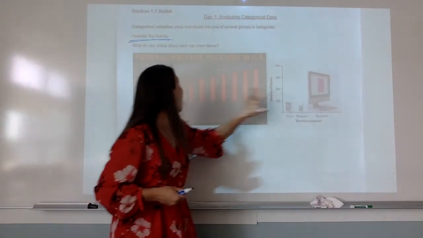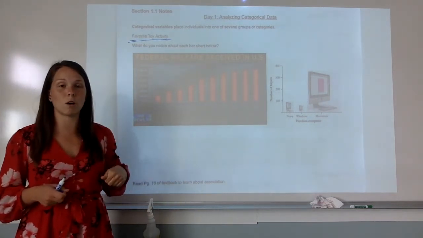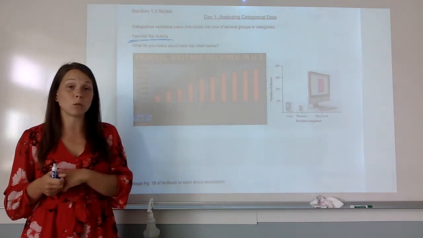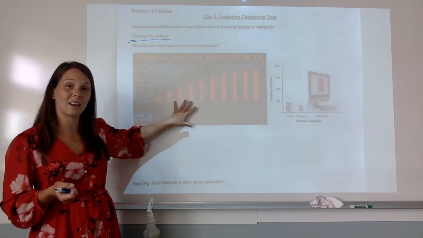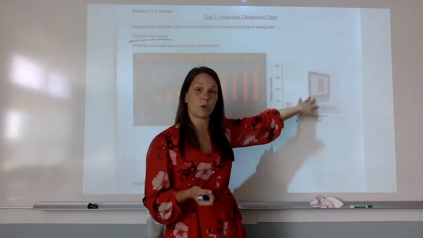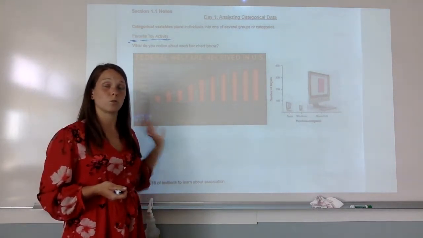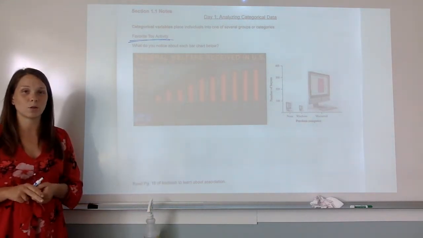Look at each of these graphs and write about 2 to 10 items of what's good about the graphs, what's bad about the graphs, what's something that stands out to you. Make a list of the good, the bad, and anything in between about this graph, and then do the same thing for this graph over here. They're two separate ones. Take a moment, pause, write down your notes about each graph, and then press play to see what I noticed.